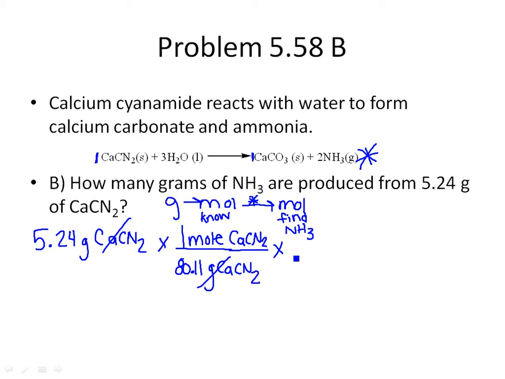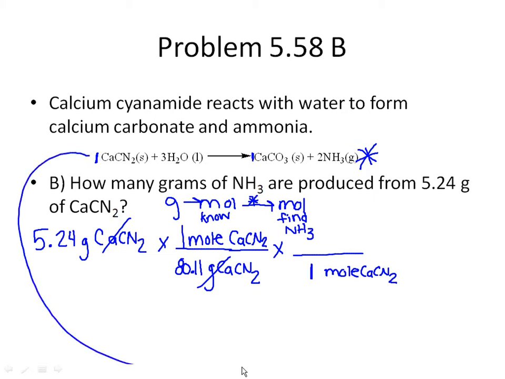We can write out our next step here. We know our units have to cancel, so moles of calcium cyanamide has to go in the denominator. This is where we look at our balanced equation. For every 1 mole of calcium cyanamide, this 1 came from here, we have 2 moles of ammonia.